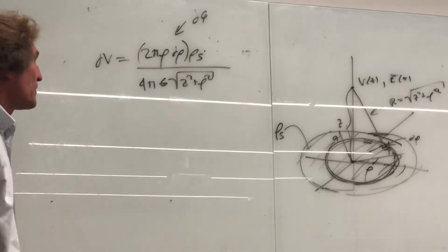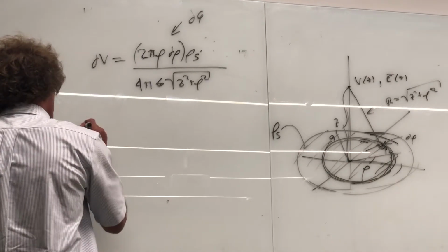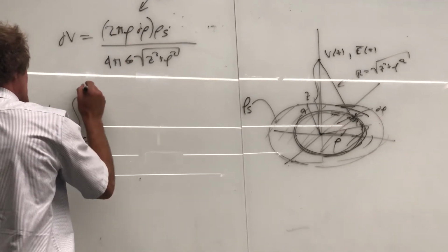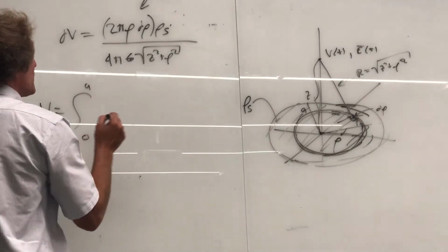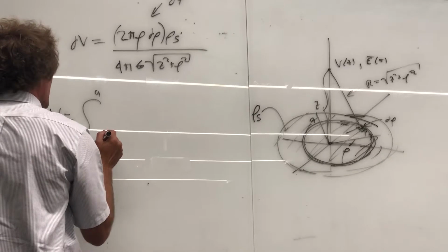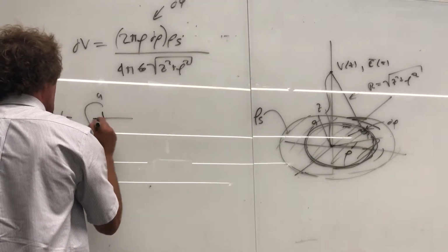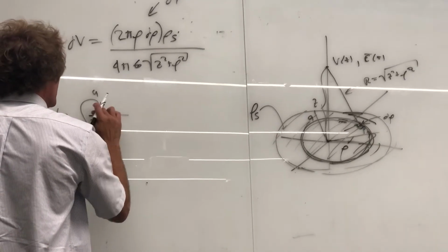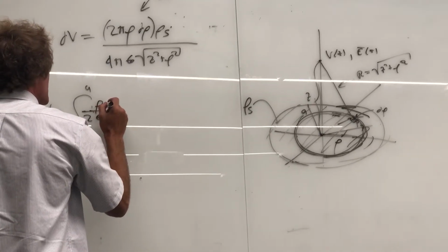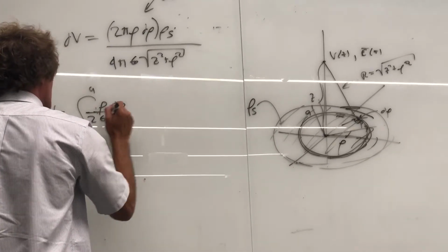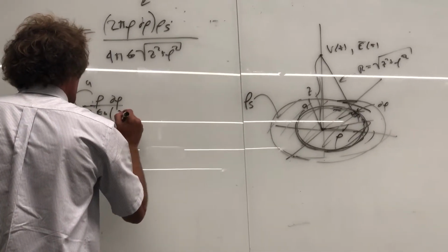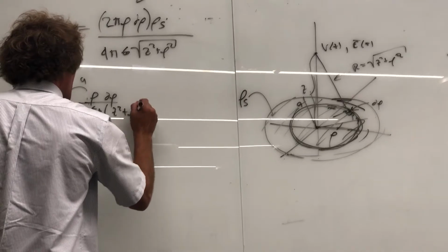All right, what's the total voltage? Well, the voltage would be the integral, an integration in rho from 0 to a, correct? And that would be equal to, well, the 4 pi, 2 pi business cancels, and I get 1 over 2 epsilon naught, and then up top I get rho d rho. I can take rho s out in front, and I have z squared plus rho squared here.